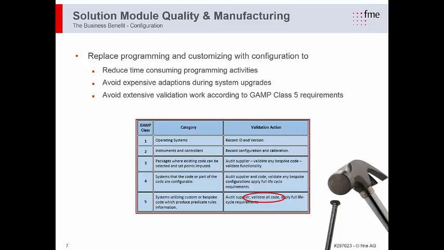All this can be avoided significantly. And also in the area of validation, we are not talking about GAMP class 5 validation anymore, so you don't have to validate all the code, which was the case in the times when we were talking about customizations and individual programming.